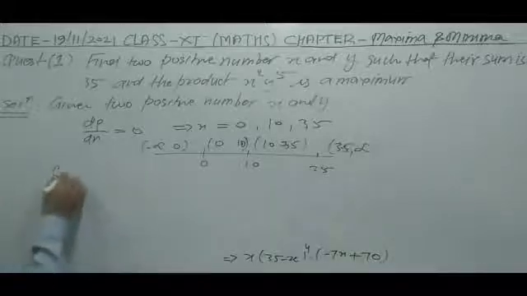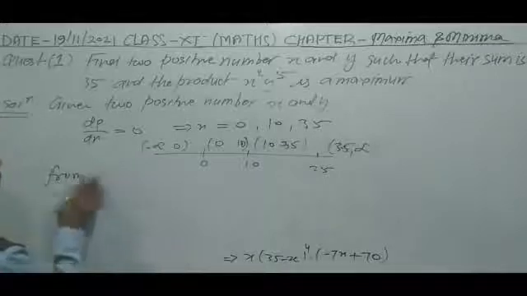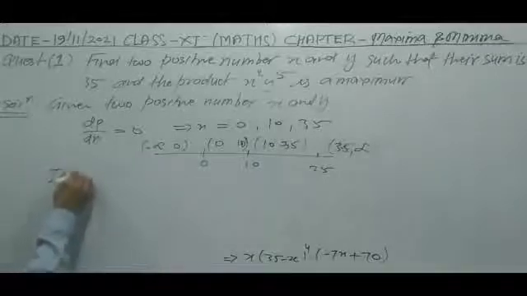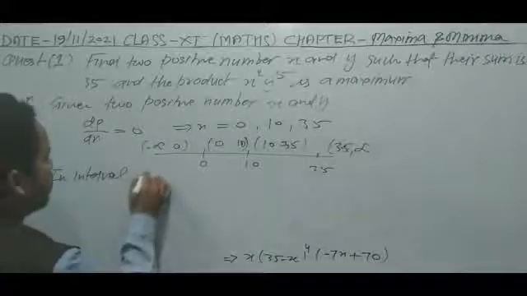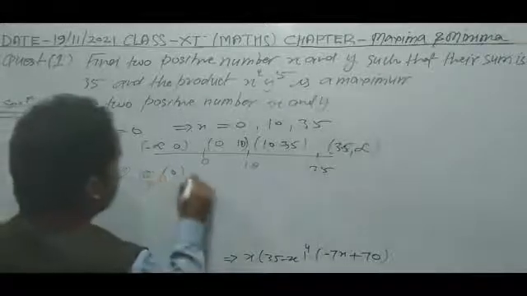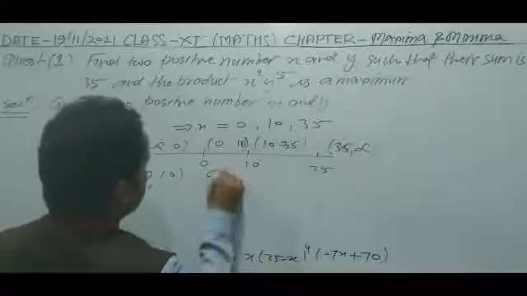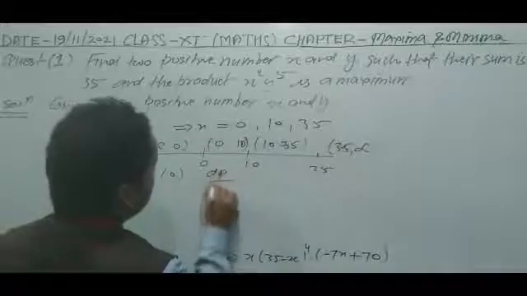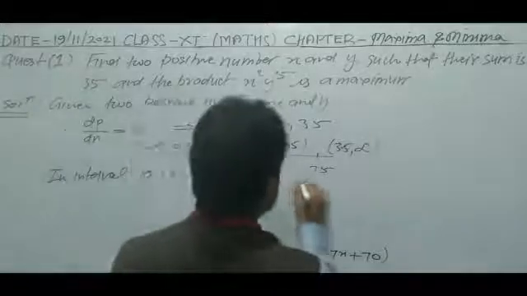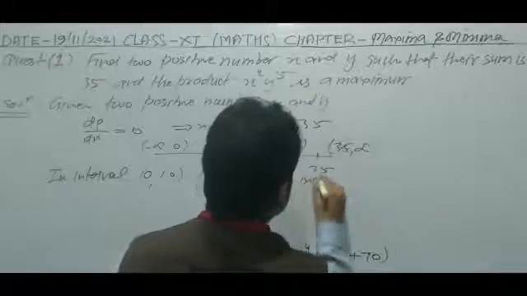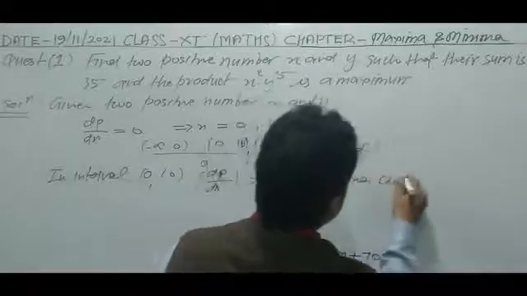from this interval, or we can write, in the interval 0 to 10, dP by dx is greater than 0. Therefore, it is an increasing curve.